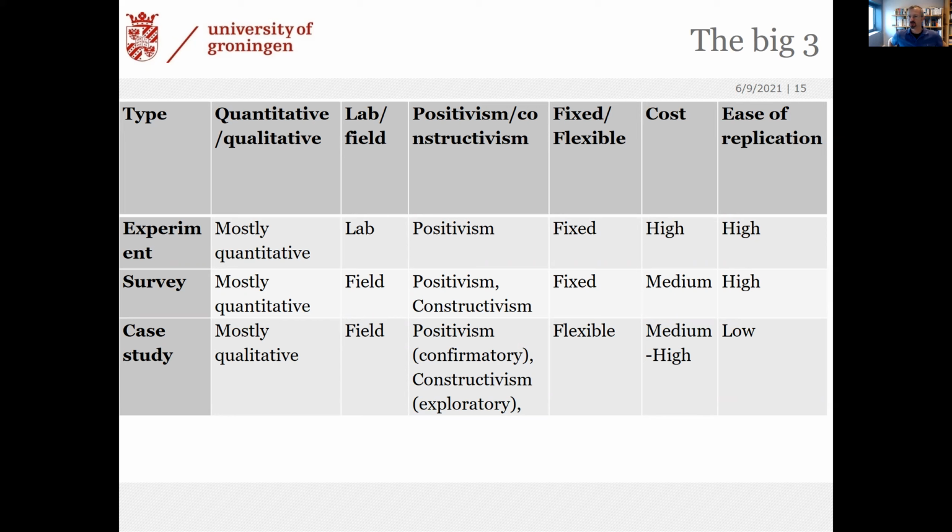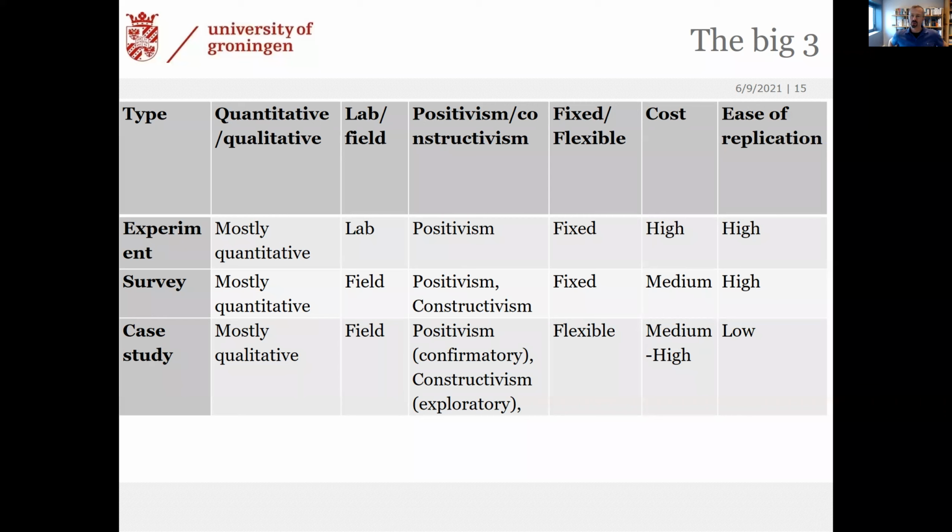So usually we measure things. We measure independent variables and dependent variables, and we try to see cause and effect relations between them. Surveys are mostly quantitative. Usually we have a sample from the population and we measure what percentage of the population does this, another percentage does that.